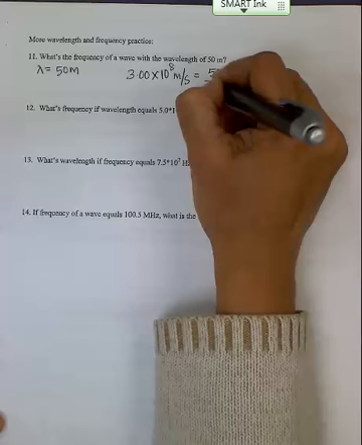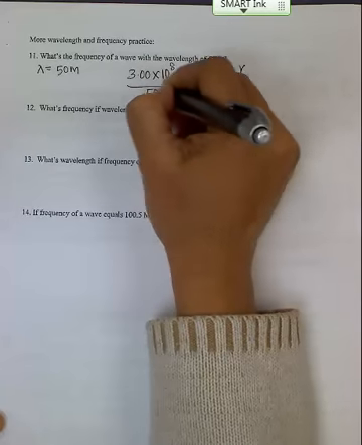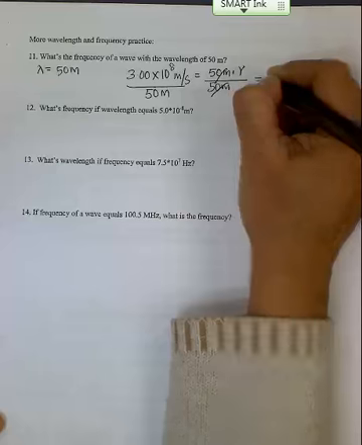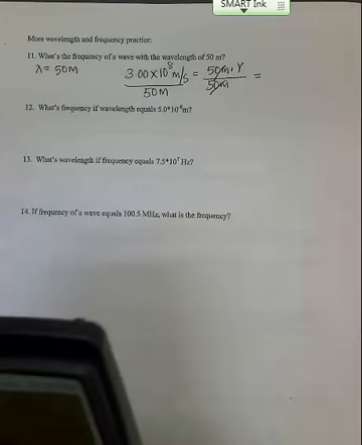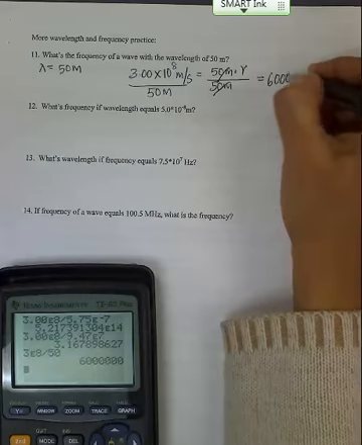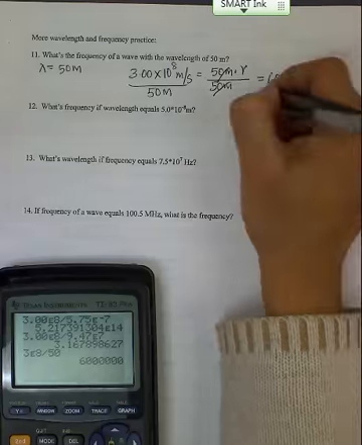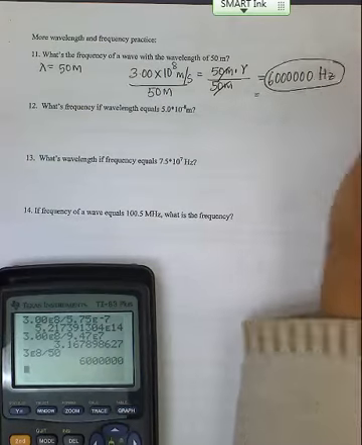So as I solve for frequency, I divide both sides by 50 meters. It's a straightforward problem, and when I divide by 50, I get 6 followed by 6 zeros, 1, 2, 3, 4, 5, 6, hertz.